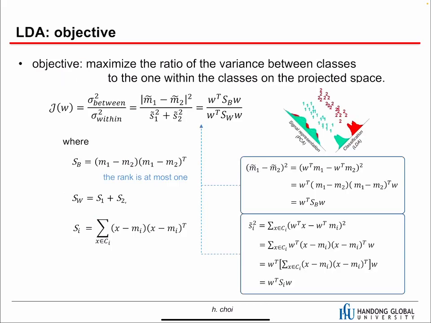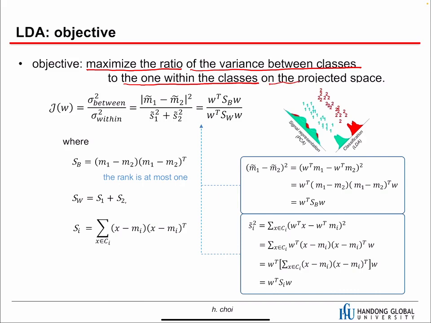And now we want to define the objective function for LDA. In the objective function, we want to maximize the ratio of the variance between classes to the one within the classes on the projective space. In PCA, we try to maximize the variance between the samples on the projective space.